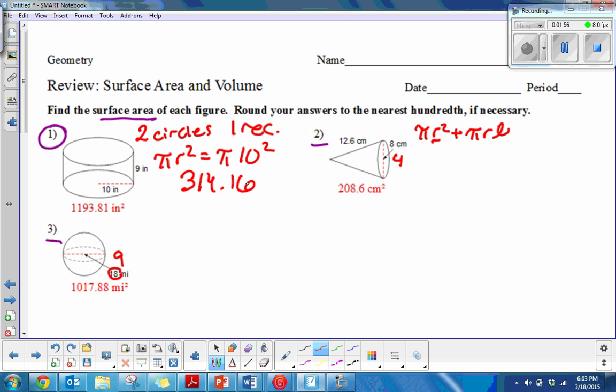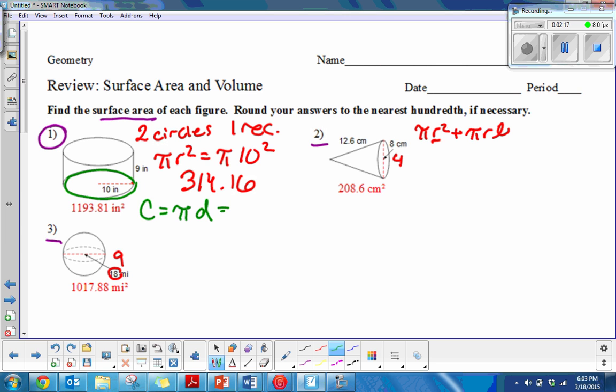Now what you want to be aware of here is that for this rectangle, you can't just take the radius or the diameter. What you have to take is the distance all the way around this shape. That's called the circumference. So to find the circumference, you need pi times the diameter.